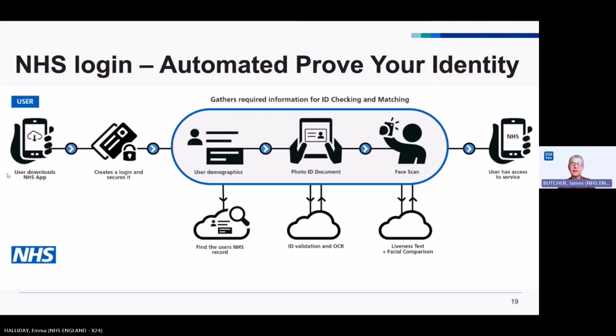So this is the automated prove your identity, or PYI is the acronym for that. And at the present time, you're looking at a turnaround time of approximately 1 day, 24 hours. So the login team who I was just mentioning are always looking to make the login journey faster and quicker.